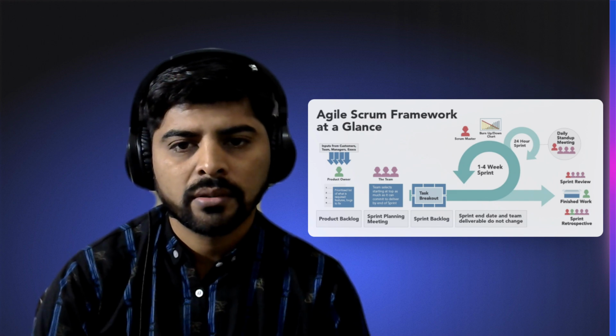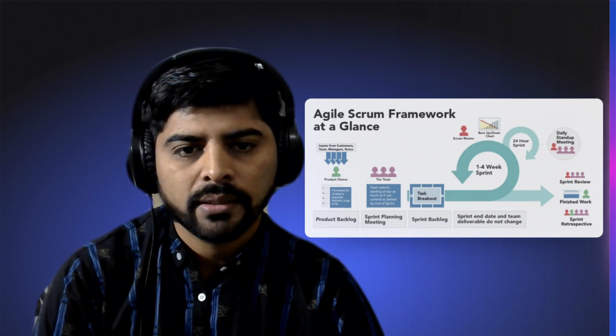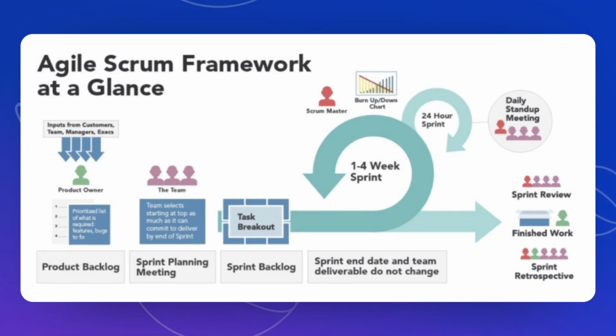All the features are discussed in the sprint planning meeting, where the team gets together and discusses. Sprints can be 1 week, 2 weeks, 3 weeks, or up to 4 weeks. After the sprint, we deliver those features to our clients. When we define the sprints, during the sprint we cannot add new features.